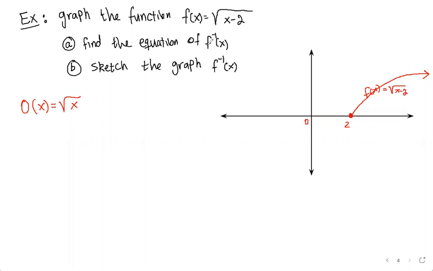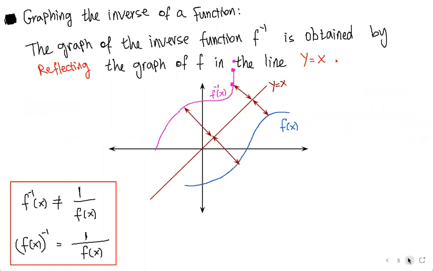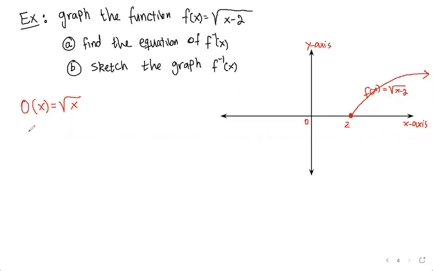Now find the equation of f inverse of x. By using the steps here, we are going to use steps 1, 2, 3: write it, solve it in terms of x, change the variable. My function f of x equals square root of x minus 2. We change f of x to y equals square root of x minus 2.